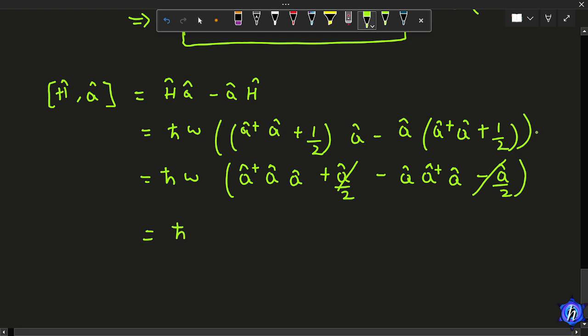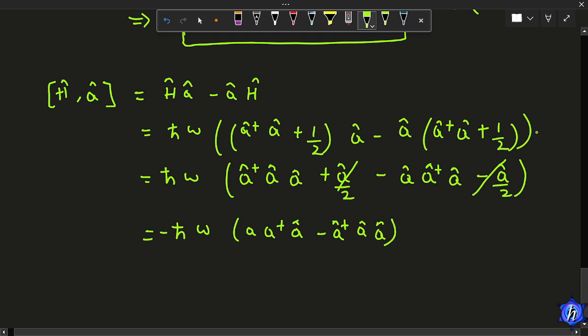What I'm left with is I can take the minus sign outside. You will see why. A A dagger A minus A dagger A A.